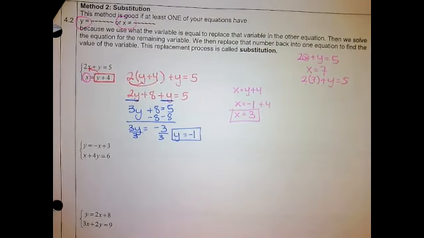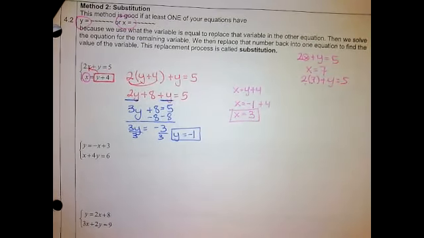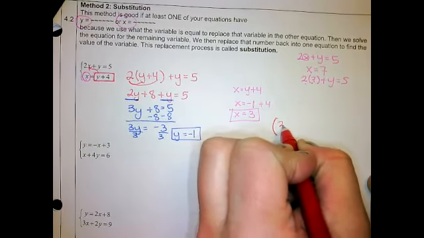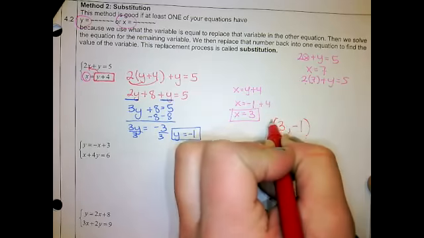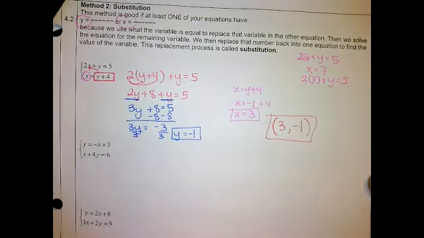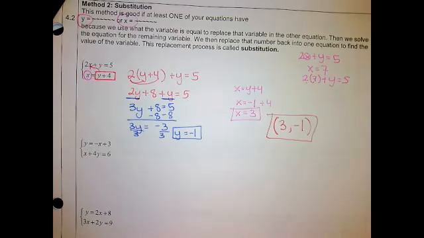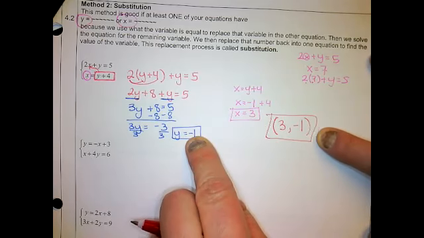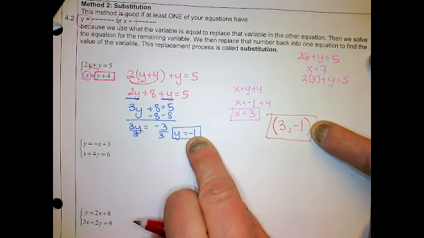If you leave your answer like this, it is not correct. You have to write your answer as an ordered pair. So as a point on a graph, because that is what it is. It's a point on a graph. So my final answer would be 3, because my x always goes first, negative 1, because my y is always second.